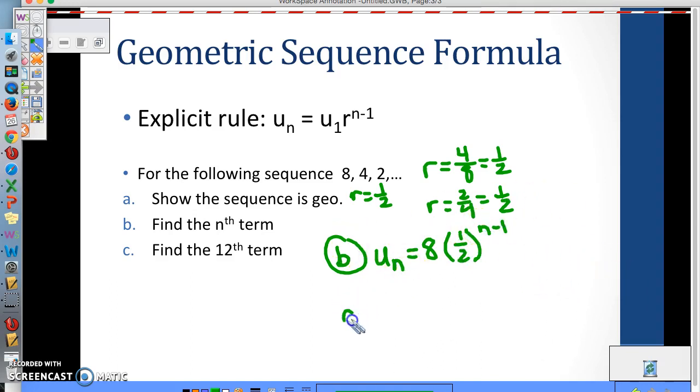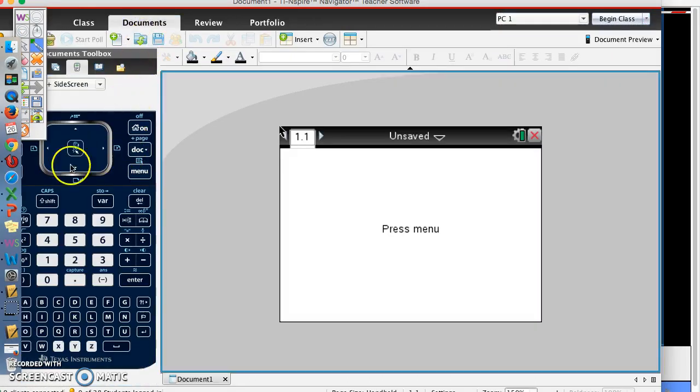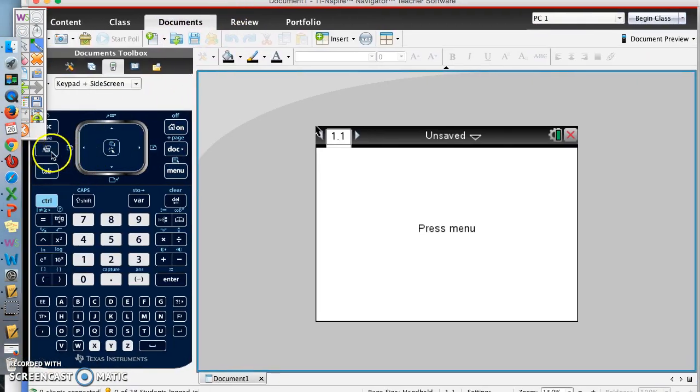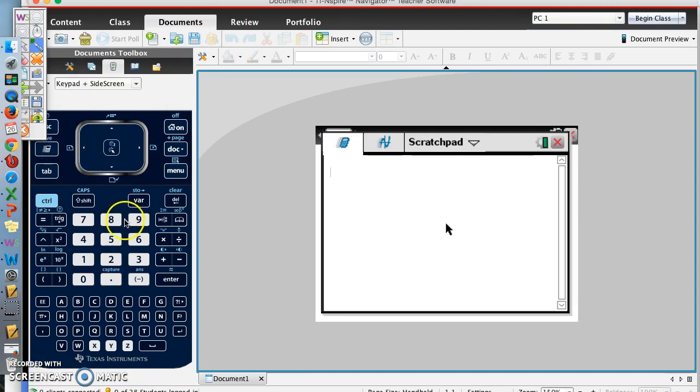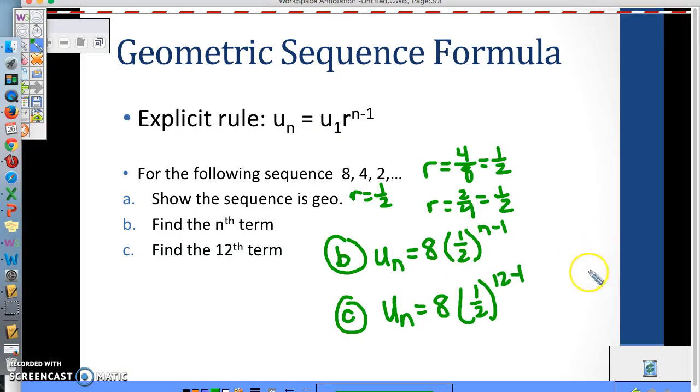And then we need to find our 12th term. So u sub n equals 8 times 1/2 to the 12 minus 1. And then we can jump to our calculator here. Eight times 1/2 to the power of 11, and we end up with 1 over 256.